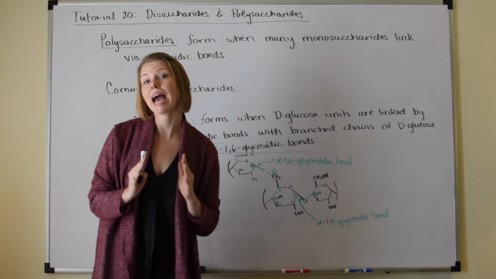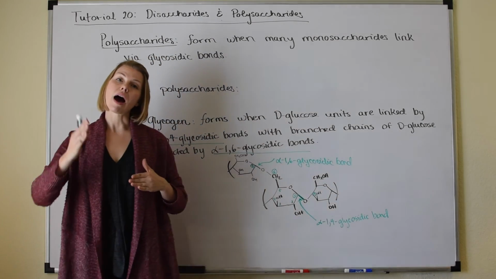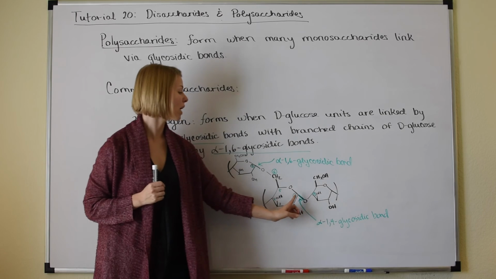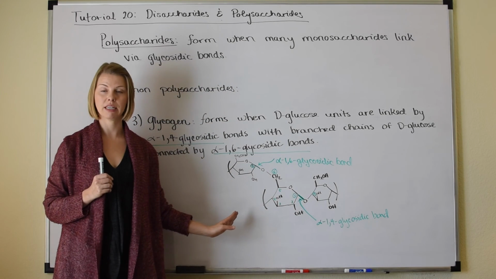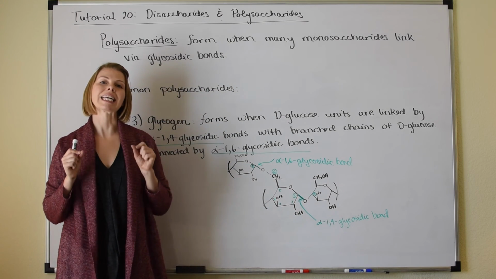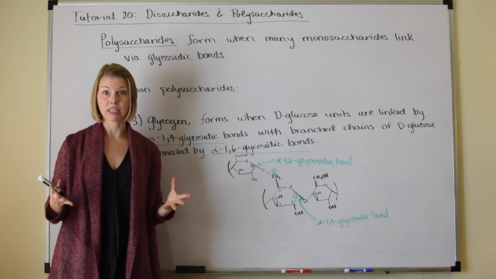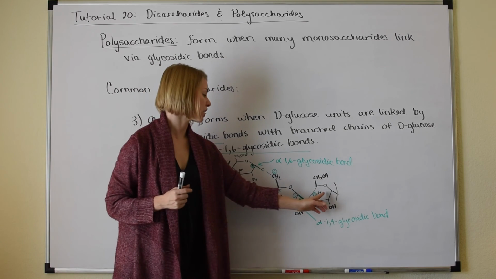Remember in amylopectin that those alpha-1,6 branches occur approximately every 25 glucose units in the chain. Remember that in glycogen, they occur about twice as often. They occur about every 8 to 12.